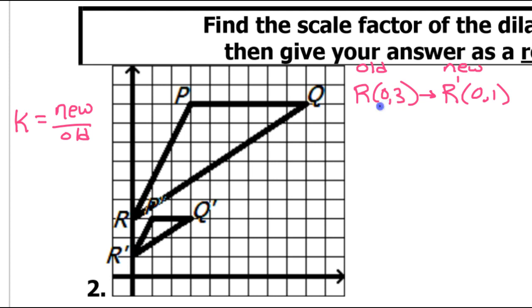Normally I could pick either the x's or the y's, but since the x's are 0, you can't divide by 0. So instead I will just look only at the y's. And so my scale factor is going to be new over old, so that's going to be 1 over 3. Now, if this needed reducing, I would reduce it, but 1 over 3 is already simplified.